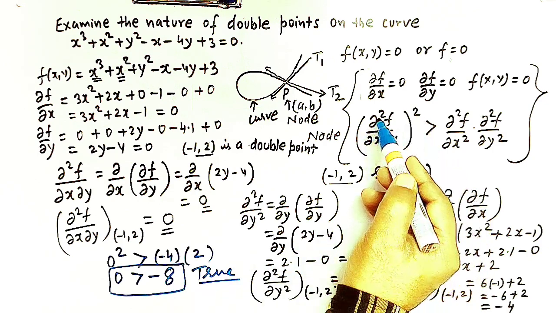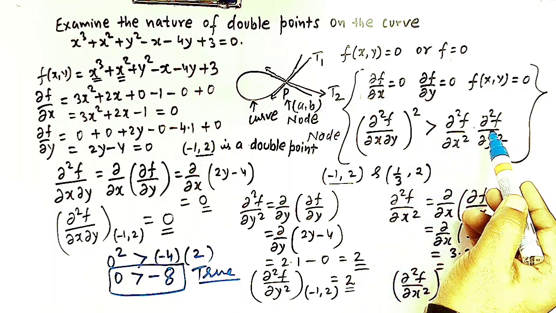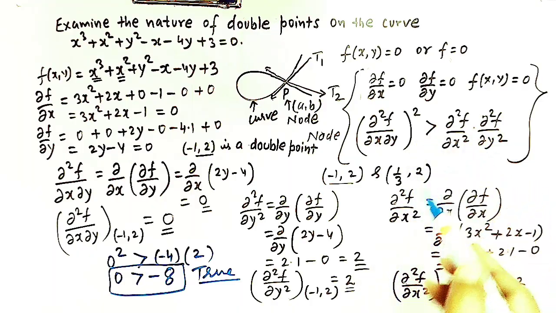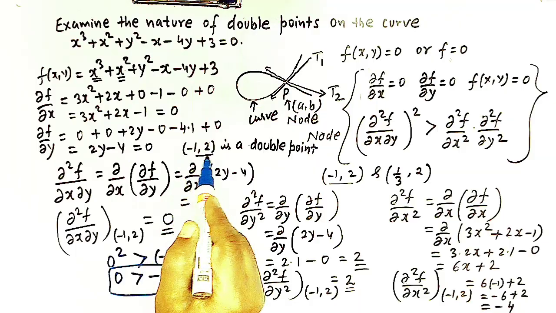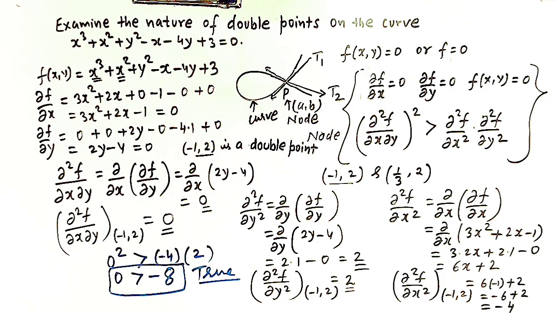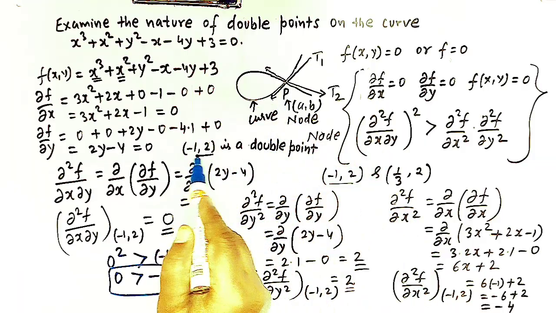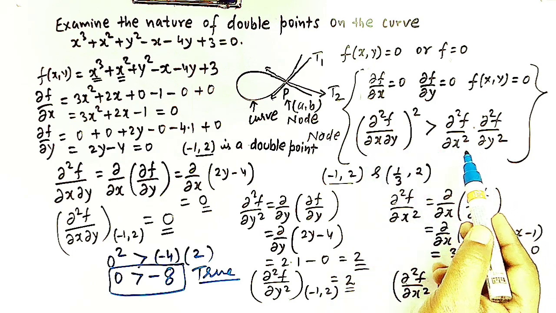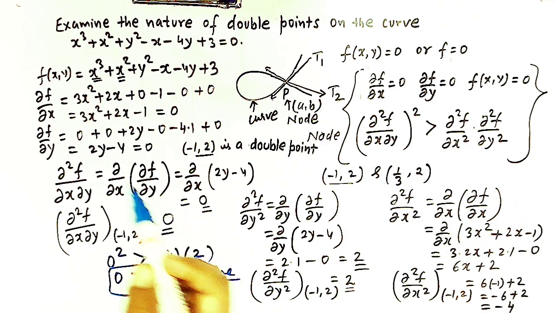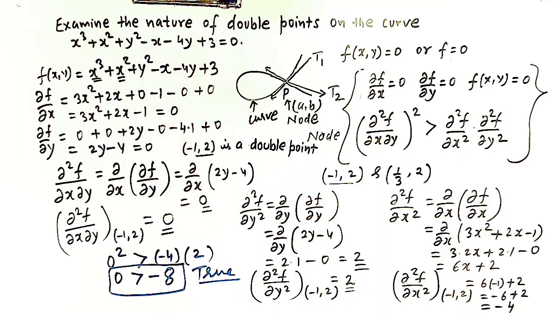So the square of del square f over del x del y is greater than the product of these two second order partial derivatives. That is, 0 is greater than minus 8 for this point minus 1 comma 2. So this point is a node because this double point satisfies this condition, right? So this is the working rule for how to examine the given curve for a node.